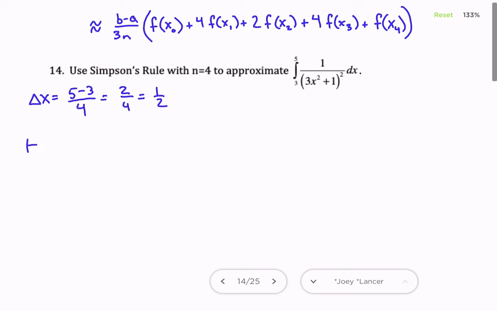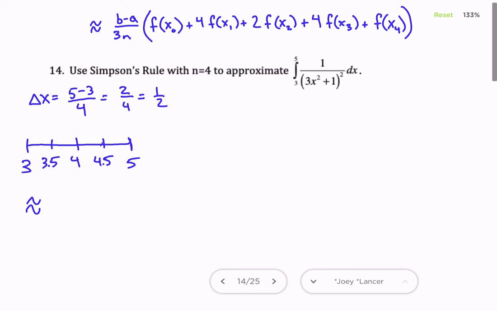And so even if you don't want to graph it, you can at least do a number line. So we're going to start at 3, we're going to end at 5, we're going to do 4 subintervals, which means we have 5 x values and 5 y values, and they're going to be half apart. So this one is going to be 3.5, and this one will be 4, and 4.5, and then we end at 5. So all things look good there.